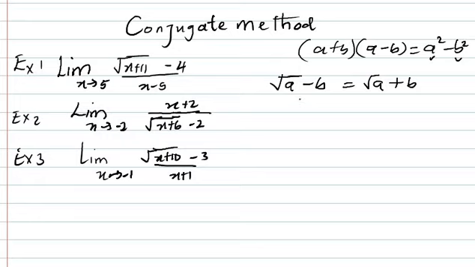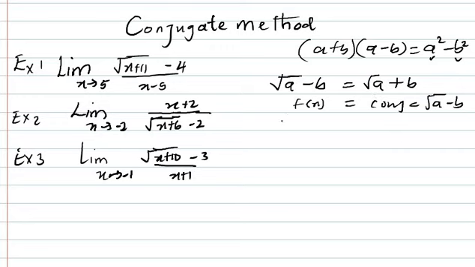If this is a given function f of x, the conjugate is root of a minus b. This is really useful if you have a radical in your limits, because the product of the two conjugates containing radicals will itself contain no radical expression.